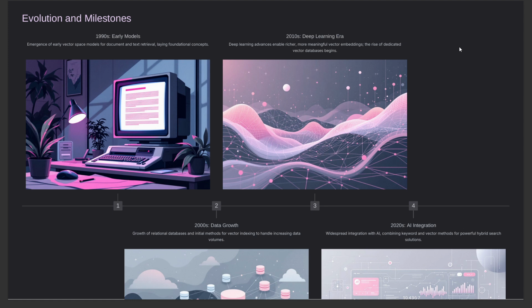Neural networks like CNN and RNN started generating rich, meaningful embeddings. 2020s, AI integration. We are now in the stage where AI-driven hybrid search systems combine both keyword and vector search. These give the best of both worlds: relevance, accuracy and scalability.